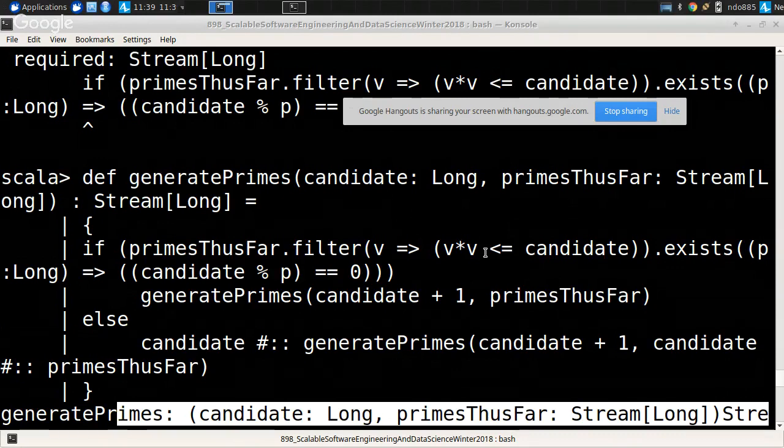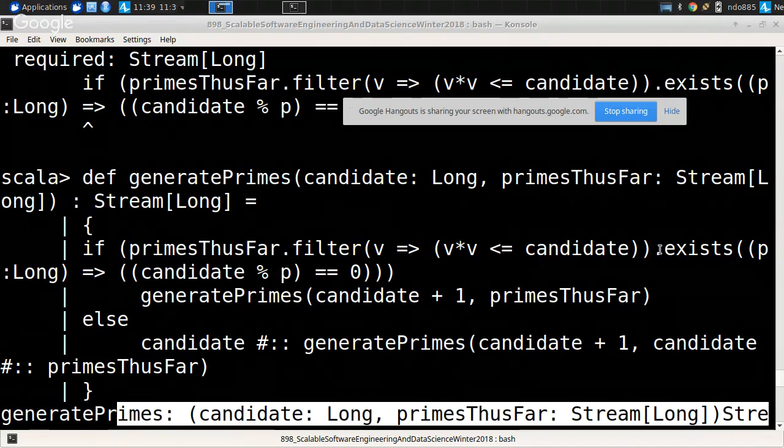We don't consider those above 3 point whatever. So we don't have to consider, for example, whether 4 or 5 or 6, excuse me, those aren't primes. But 5 or 7 divide it, right?